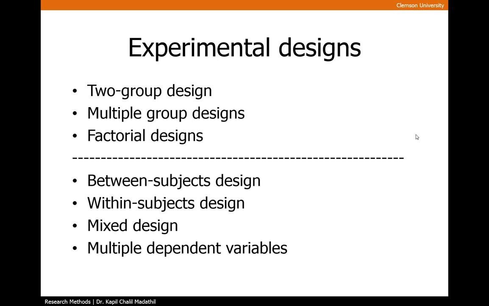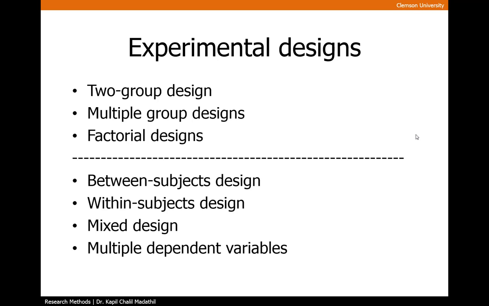And again, this is an example of a factorial design, and we'll be able to look at the effect of driving in heavy traffic when using a car phone and when driving in light traffic when using a car phone, and we'll be able to identify the differences in human performance when they drive while using a car phone and not using a car phone in light and heavy traffic conditions.